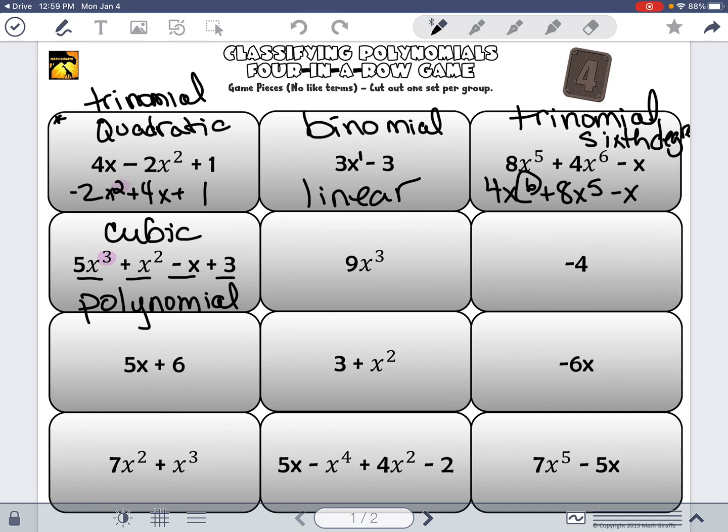Okay. 9x to the 3rd power, the degree is 3 on this one, so it's cubic, but it's a monomial because it's only 1 term. Okay, the next one is just a constant, so the degree is 0.